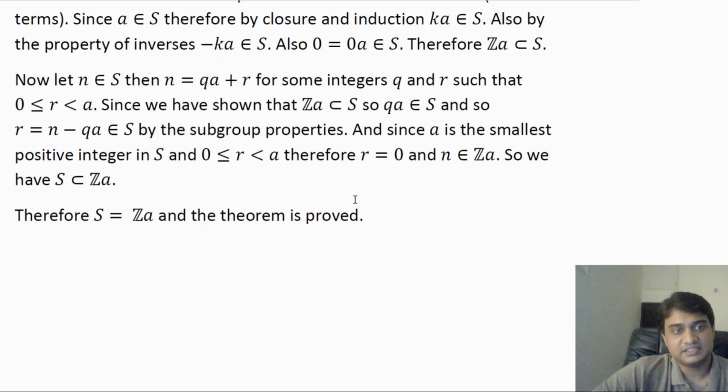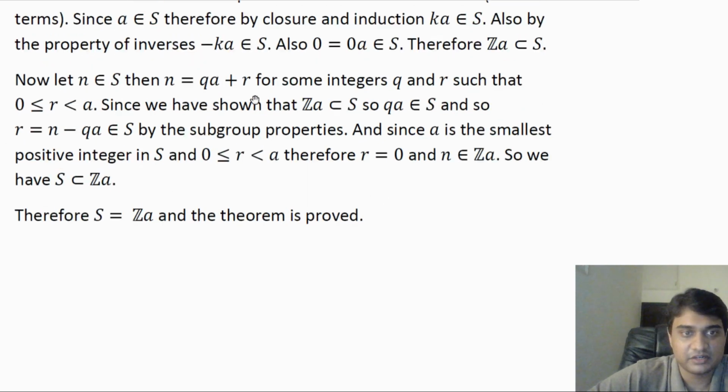And since a is the smallest positive integer in S, r cannot be equal to a. It is either a positive integer less than a, or it is 0. So r cannot be a positive integer less than a, because r is in S, and if r is a positive integer less than a, then a will not be the smallest element of S. So there is only one possibility: r equals 0.